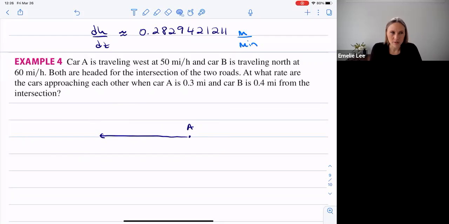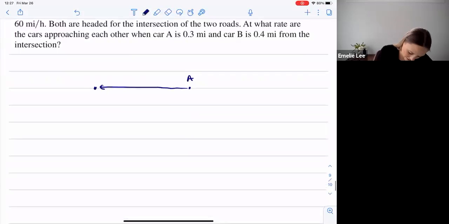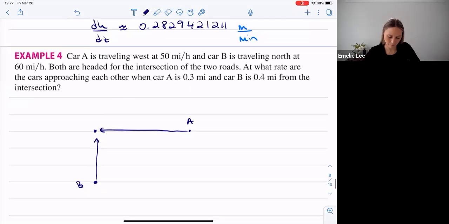And then car B is traveling north, but they're heading towards the same intersection. So let's put that intersection here. And car B is heading north, so it must be starting from down here and heading north like that.